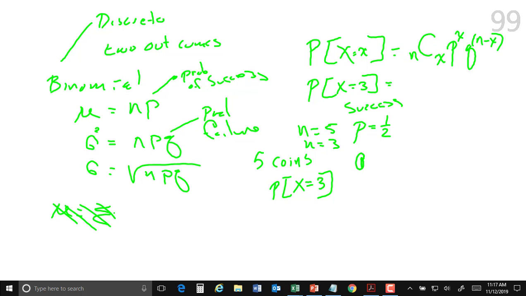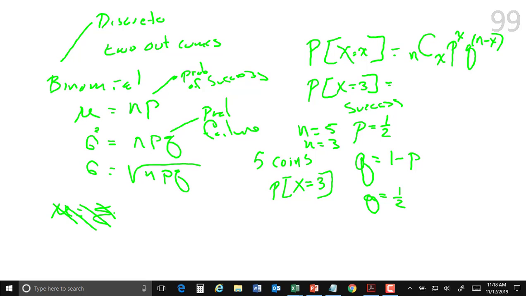Now q is the probability of failure, which is simply 1 minus p. So we can write that as 0.5, correct?